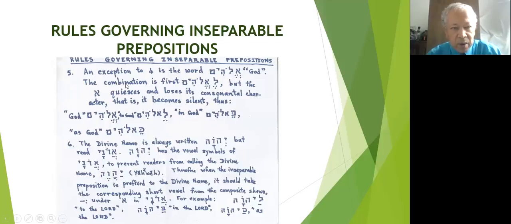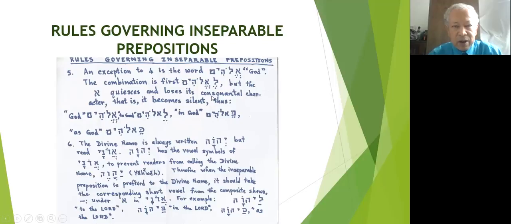The combination is first le Elohim, that is, the segol is borrowed from the composite schwa, or another segol is placed there, just like the segol which is part of the composite schwa. And then what happens is the aleph in Elohim quiesces or becomes quiet and loses its consonantal character.